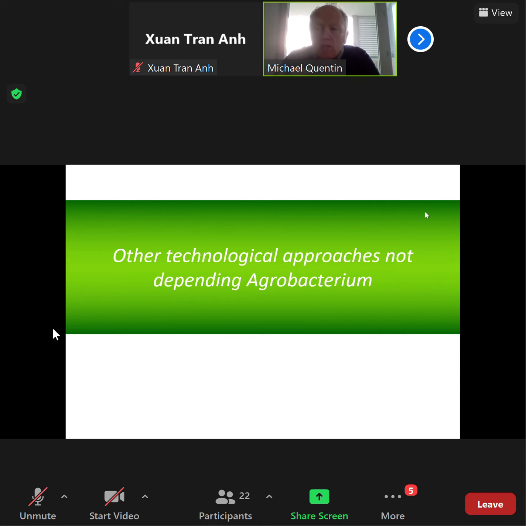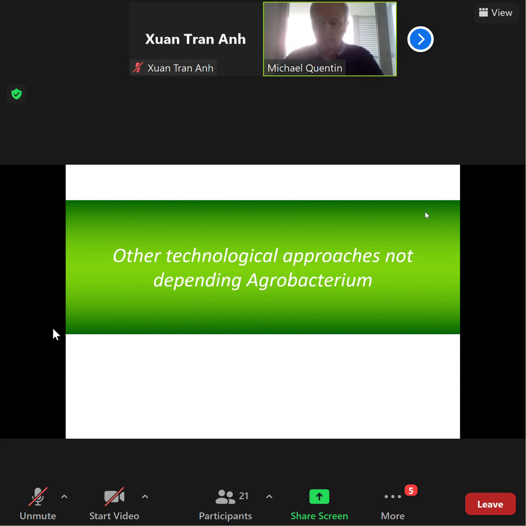At the end, there are still few plant species that you will not be able to transform using agrobacteria. So in this case, what can you do? Are there alternatives to make GMO plants?